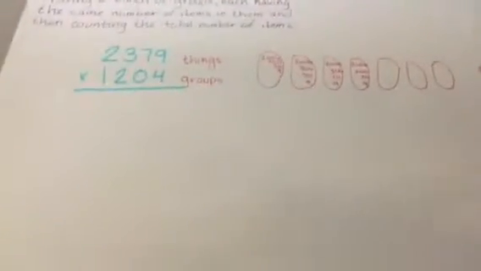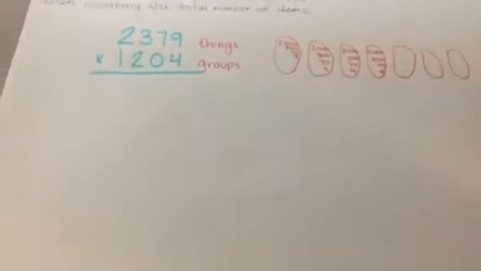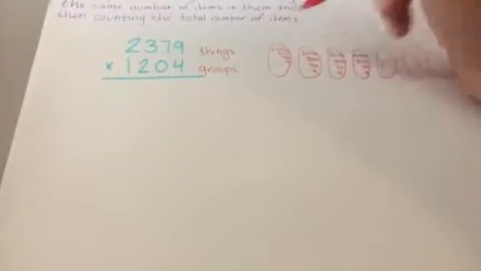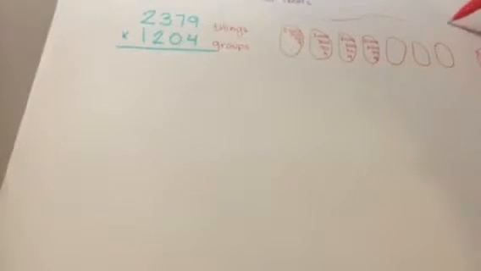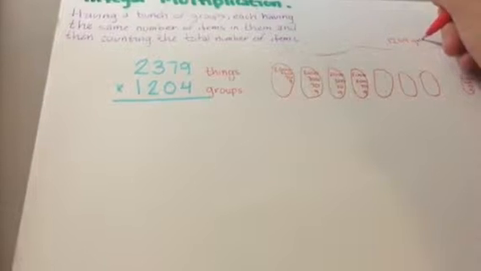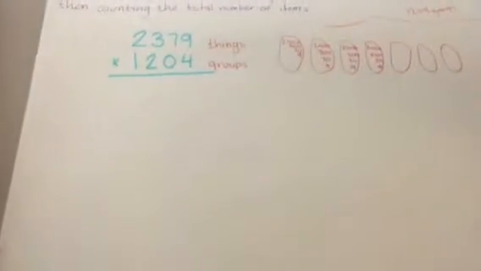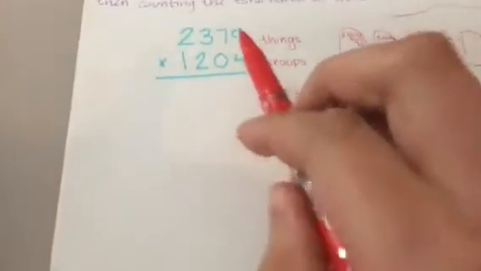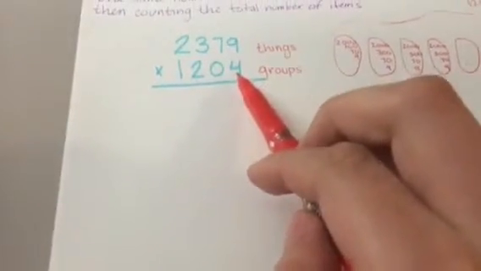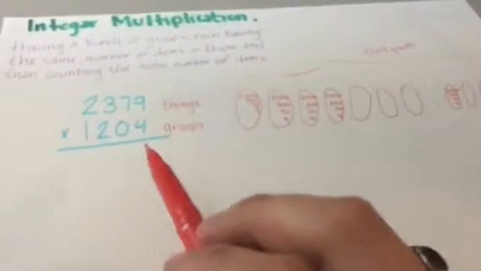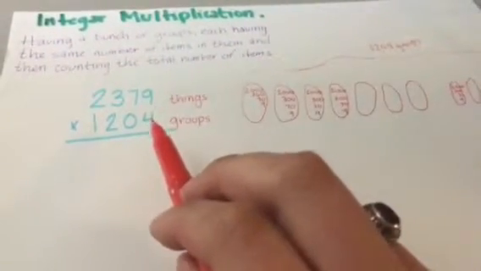So what I did here on the side is I wrote down my 1,204 groups. And each group has 2,379 things in each. So I'm going to start off in my singles place, which is this, and then I'll work my way through. So I'm going to start off with the 4.